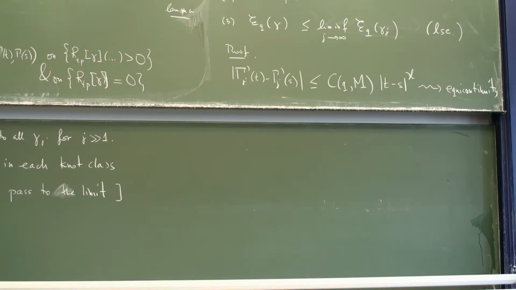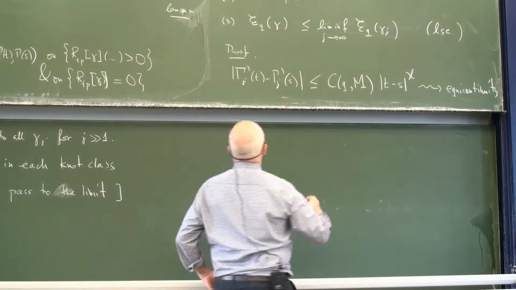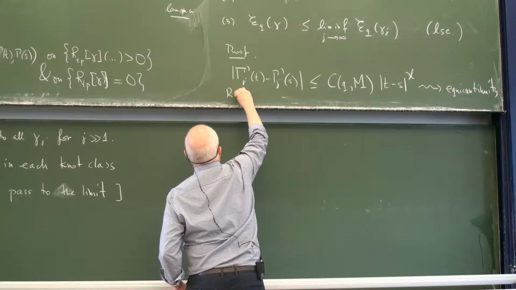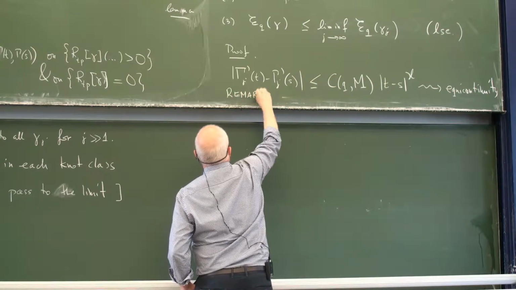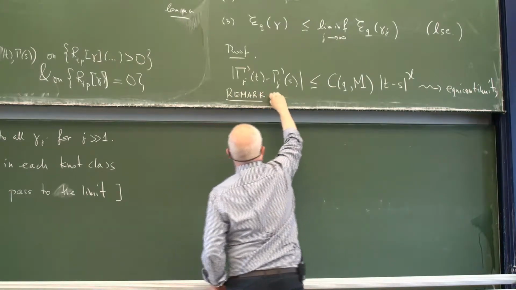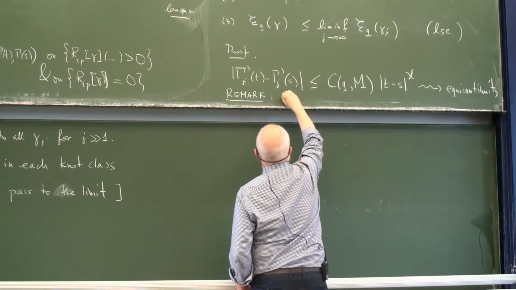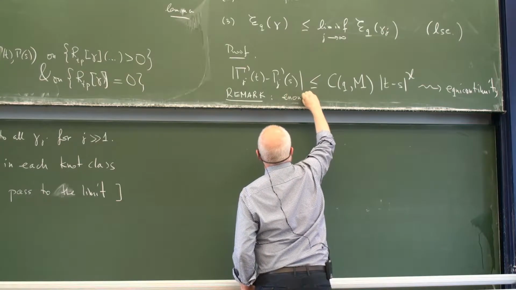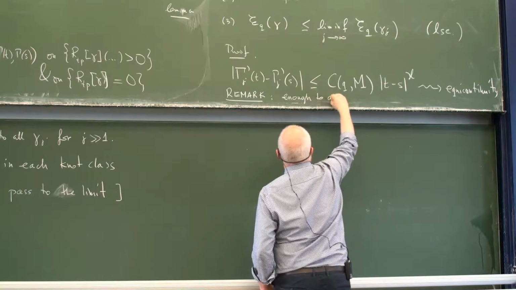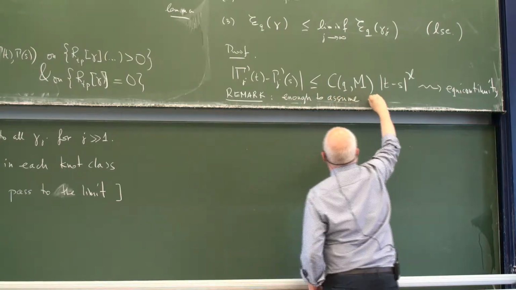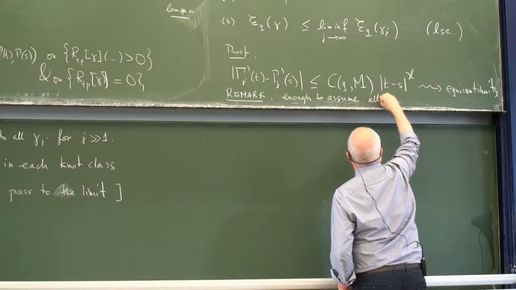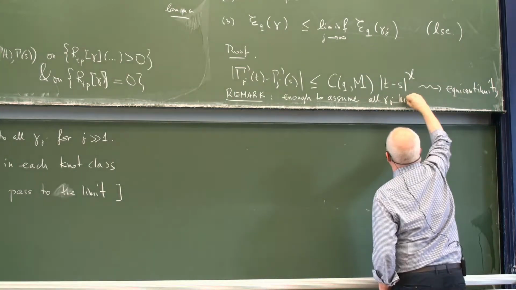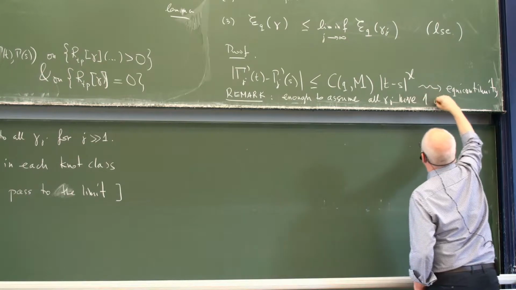I can translate those curves so that they all pass through the origin. And this is enough, in fact. Maybe I would add this here. Remark, it would be enough to assume that all gamma j have one common point.